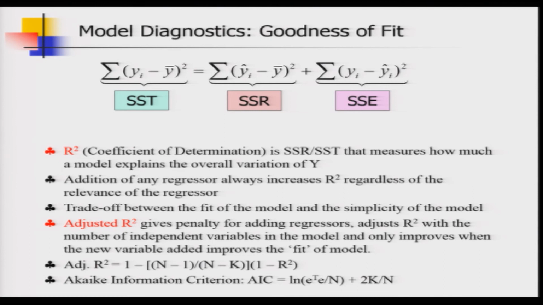As we are dealing with k number of explanatory variables, addition of any regressor always increases the R square value, regardless of its relevance to the variation of the dependent variable. Does it mean that addition of explanatory variables will not decrease my R square value? In fact, in all probability it is going to increase the R square value, and we know that a higher R square value is good for my model fit.